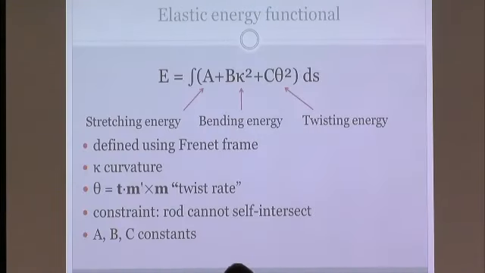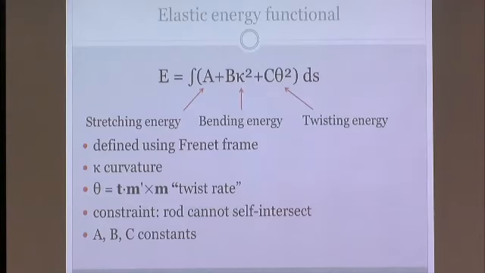And the energy function that we use for these is the one written in here. There are three contributions to the energy of a rod. First of all, there's a stretching energy, which is just measuring the length of the rod. So a longer rod will have a bigger stretching energy.